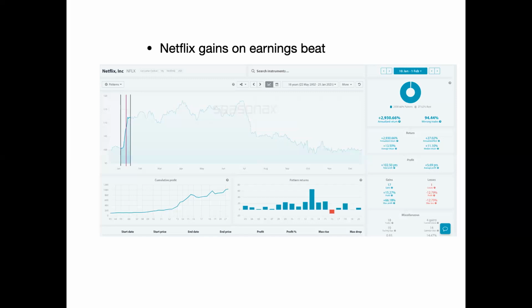So my analysis was, well, hang on, Netflix has been used by so many more people this year. We're coming into the earnings season. It tends to exceed earnings expectations with an average return of 13.50% each year. My expectation was that it would do exactly the same.